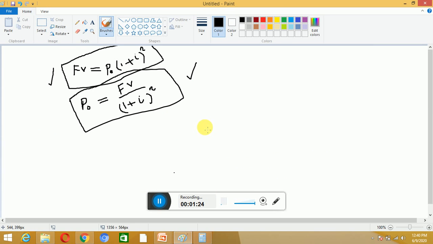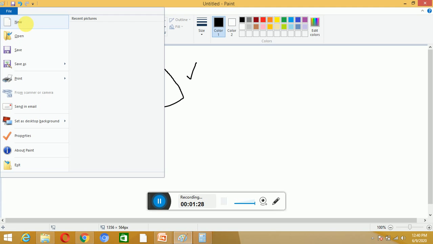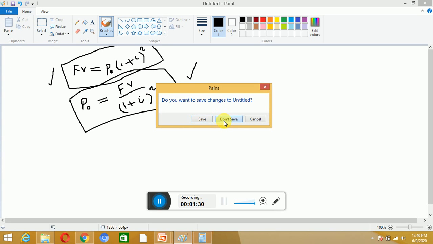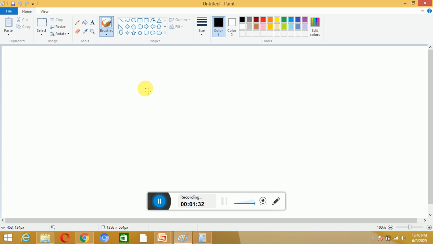Take an example. Suppose you took a loan from a bank, and that loan is for $120,000. I'm just supposing.